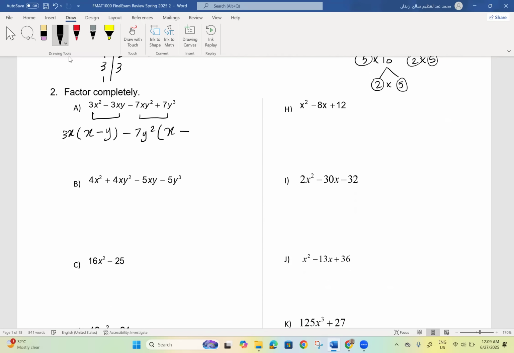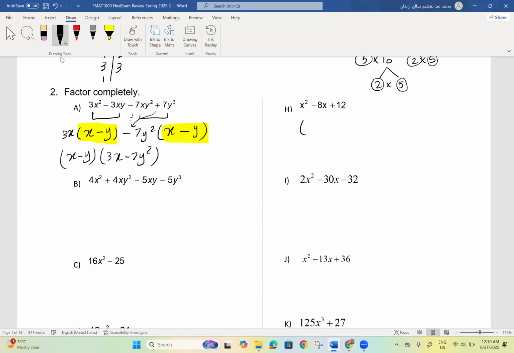And then minus, because the negative divided by positive is negative, 7y cubed divided by 7y squared is simply y. So this one, y minus x, or x minus y, can be taken as a common factor now. So the x minus y is the common factor, and then you have inside 3x minus 7y squared, and this is the factorization.